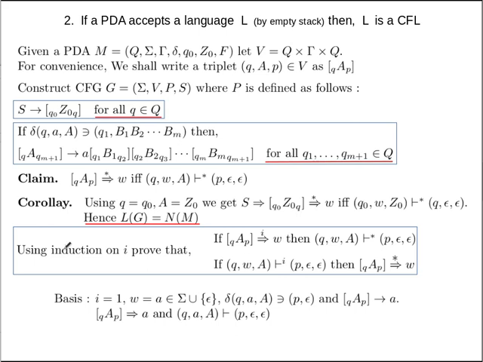So we will break it down into two steps, since there is an if and only if. First we prove that if this happens, then this happens, then we prove that if this happens, then this happens, and in each case we take the number of steps required here and here. If that is I, we do induction on I, and the basis is I equal to 1.